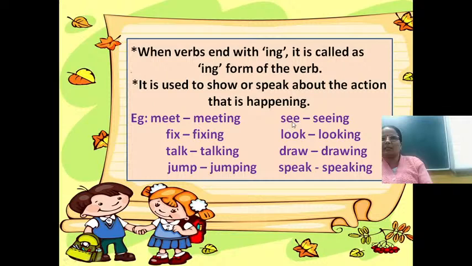The second last letter is E, which is a vowel. But the last letter is also a vowel. It is not a consonant. So here the last letter will not double. Why? Because it is a vowel, not a consonant. Okay. So you can see S, E, E, ing. Directly we have added ing without doubling the last letter, because the last letter is a vowel, not a consonant.